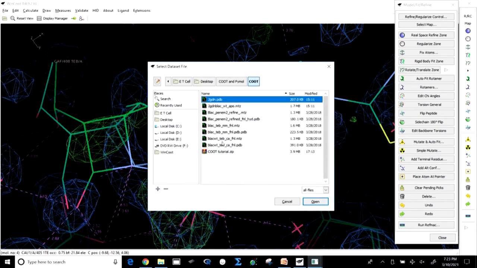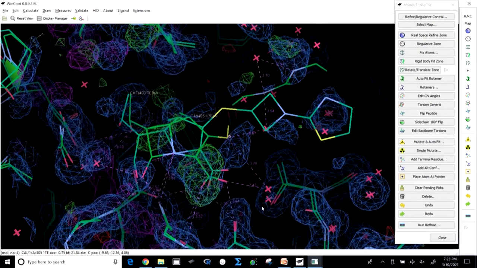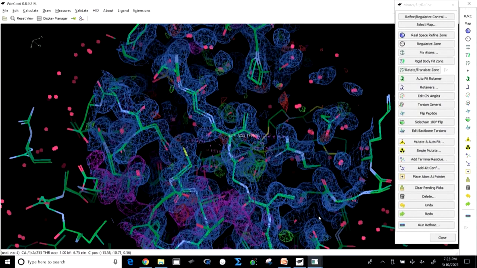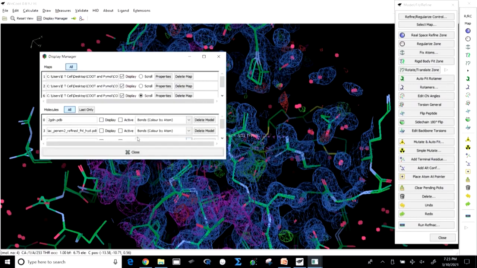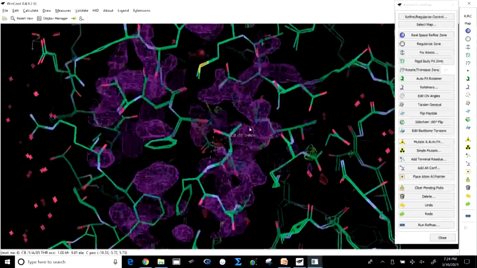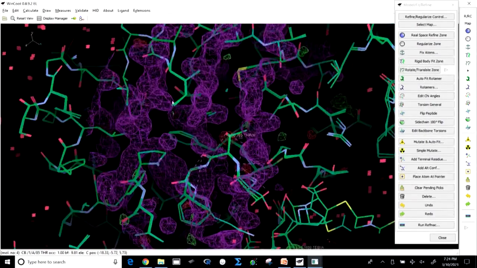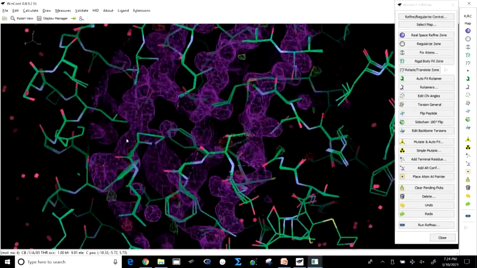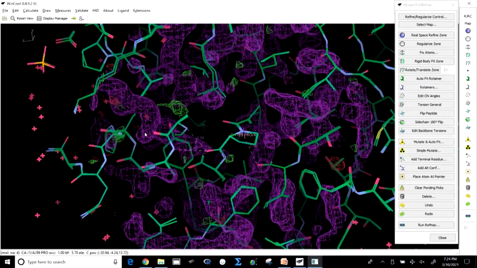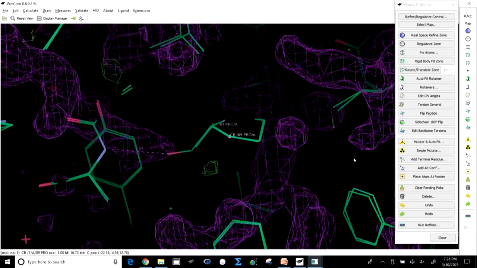Auto open MTZ, and so we get the MTZ file. We close the MTZ file. You see, as I was talking about, now you cannot align them because the PDB file actually moved.